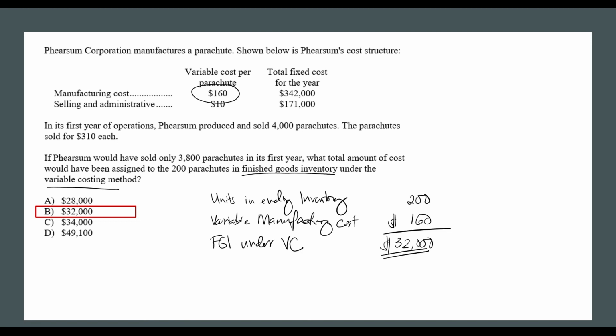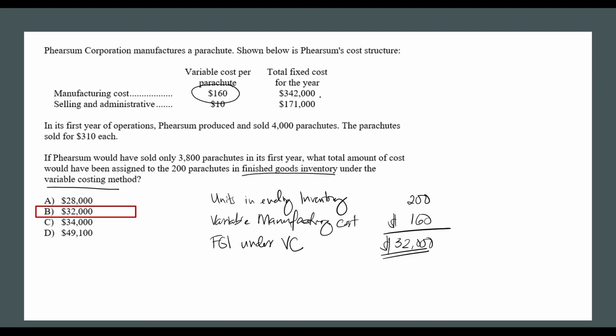So how about if the question is finished goods inventory under absorption costing? We need to get also the fixed manufacturing cost. In this case, we need to divide 342,000 by the units produced of 4,000.